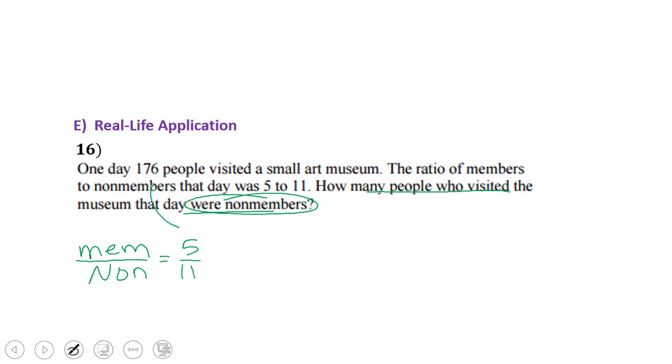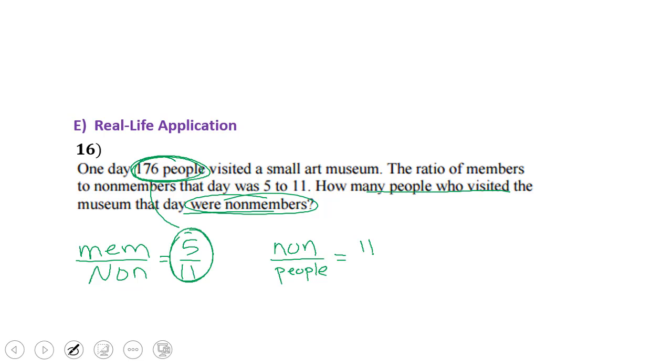However, they gave us 176 total people. So we've got to rewrite this ratio to represent total people. Otherwise, we're not going to get the right answer. So if members to non-members is 5 to 11, I can write a ratio of non-members to the total number of people using this information right here. I know the number of non-members is 11.